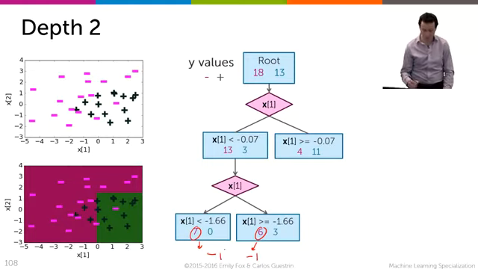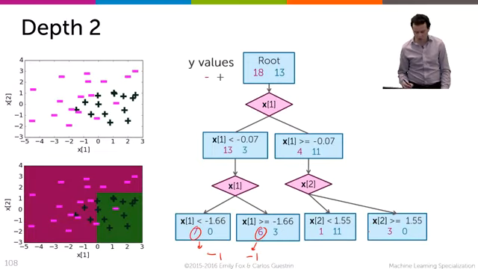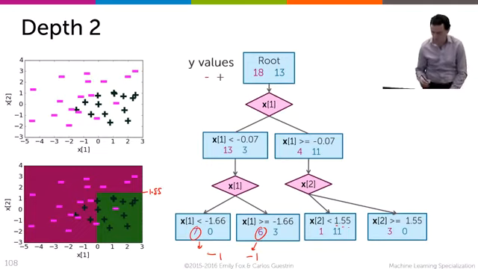But for x1 greater than -0.07, we now split on x2, whether it's greater than 1.55, which in our data is over here. That's what x2 would be.